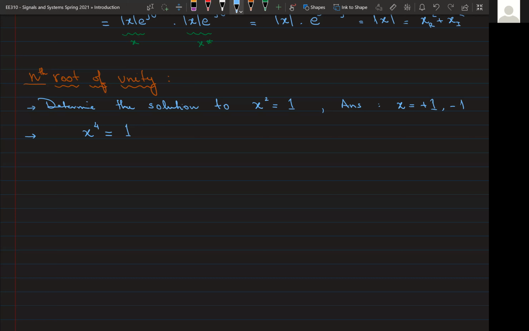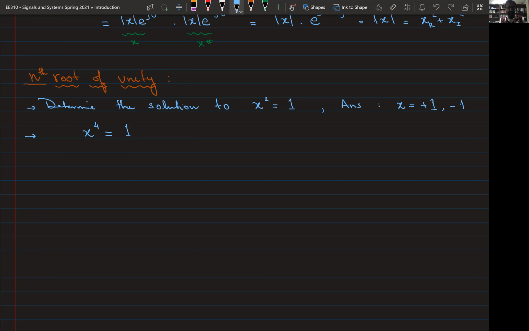Okay, good. So now here's a little bit more complication that I would give you here. What if I had x raised to power 100 equals 1, and I ask you to find the solutions to this, and you need to find 100 solutions to that, right? The solutions that you're mentioning would be applicable to a very specific scenario where the root is 4.